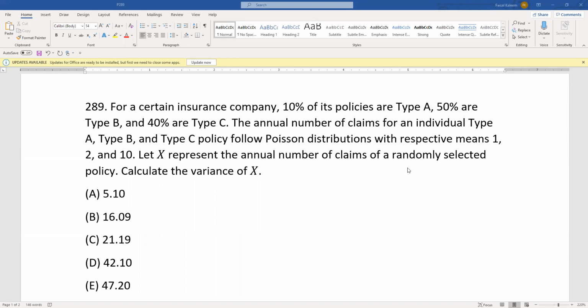So X could be the number of claims for any of the three policies.